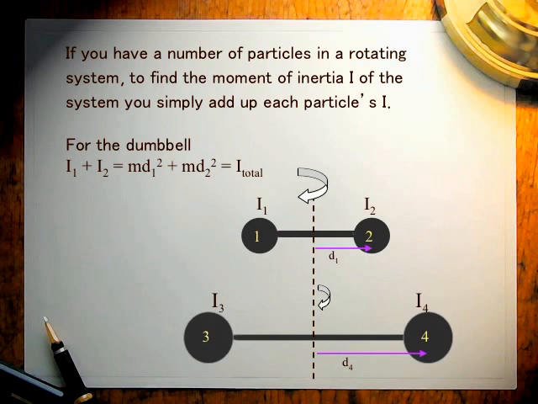Different objects have different moments of inertia. Their formulas we see here all depend on the mass of the object, and R, the distance of the mass, the shape of the mass, whether it's the length, the width of the rectangle, the radius of the disc, the radius of the cylinder, or the radius of the hoop.